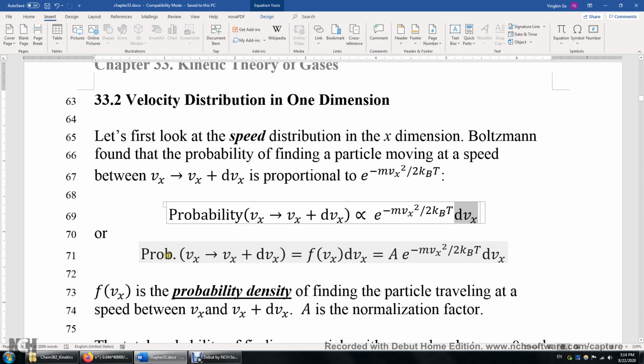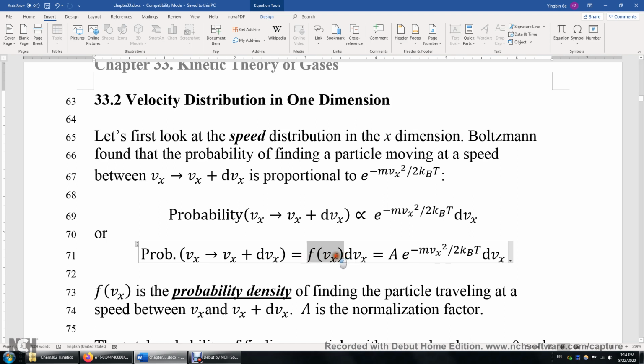The probability of finding a particle moving in the x direction at a speed between Vx and Vx plus dVx is equal to the probability density times dVx. So again, this is probability density. It's probability divided by the range of the speed.